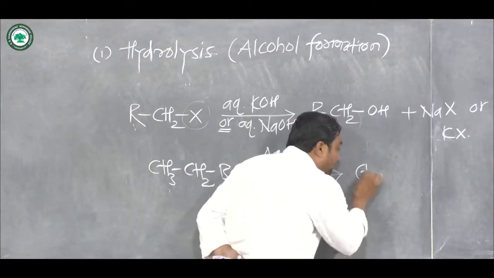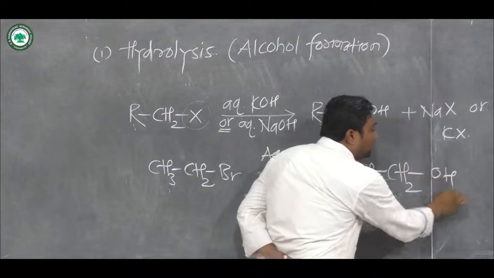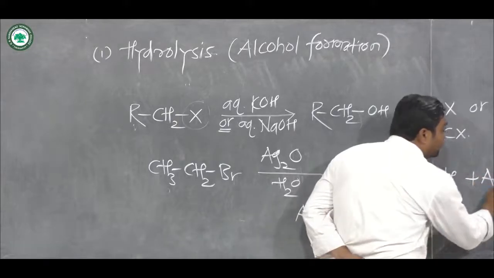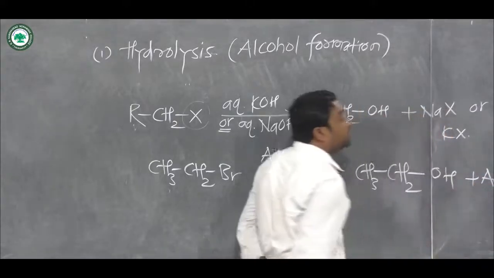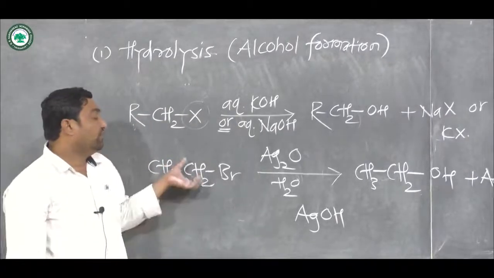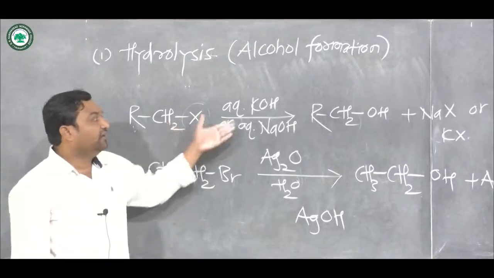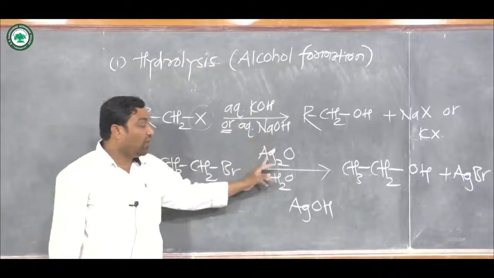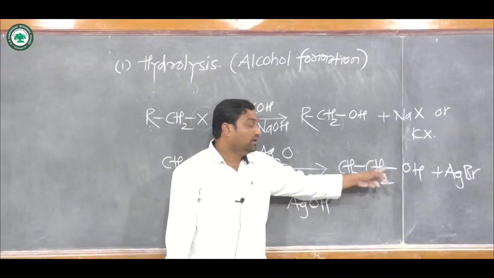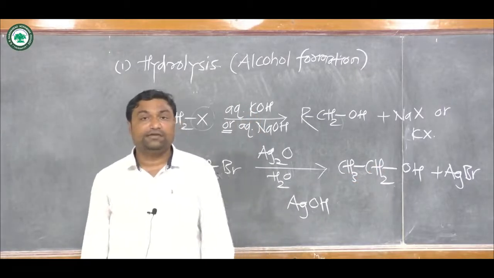We obtain ethyl alcohol as a product, with the precipitation of AgBr. This is the first hydrolysis reaction: when any alkyl halide is treated with KOH, NaOH or moist silver oxide, we obtain alcohol as a product on hydrolysis.